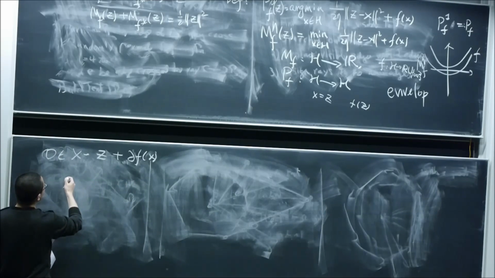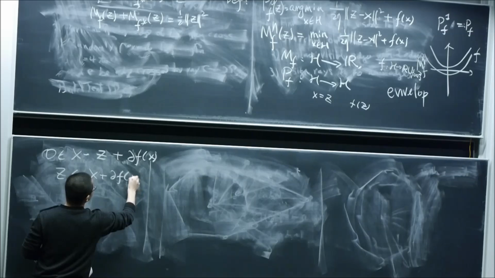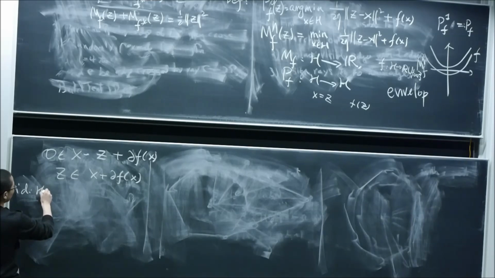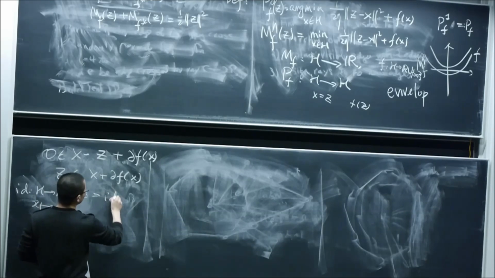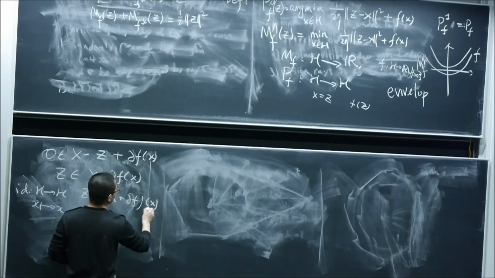If you rearrange, you get z is in x plus the subdifferential at x. If we introduce the identity map from H to H, which just sends x into x, then z is in the identity plus the subdifferential at x.